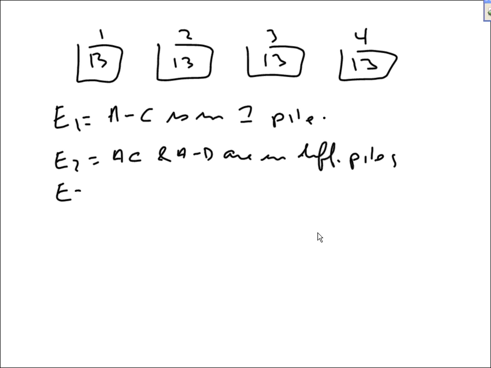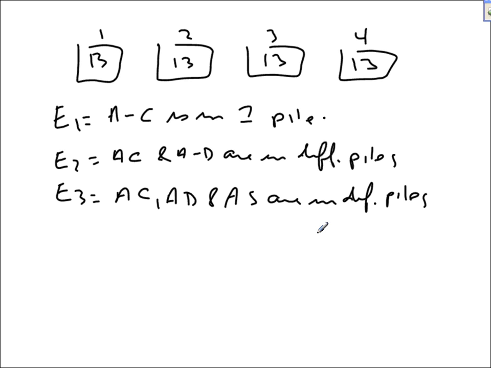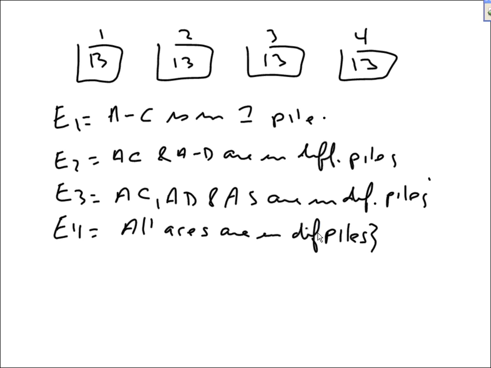And E sub 3 will be the ace of clubs, the ace of diamonds, and the ace of spades are in different piles. And E sub 4 is, I guess, all aces are in different piles. These are sets.